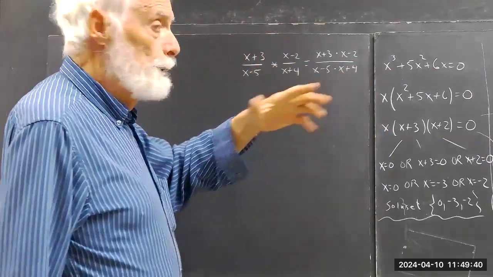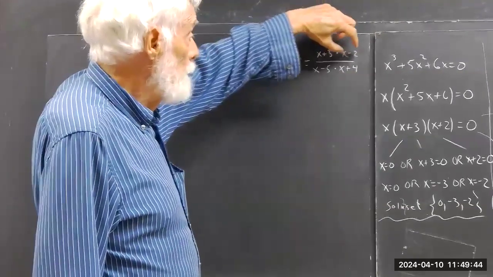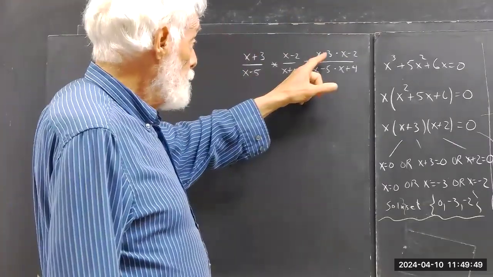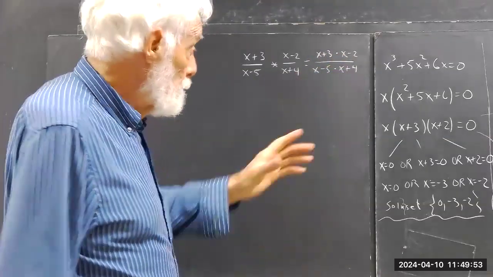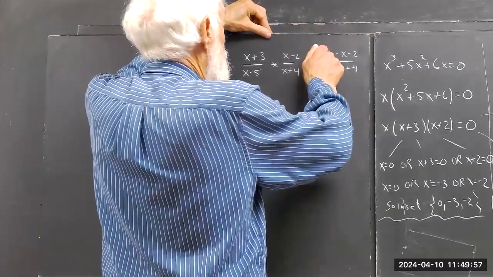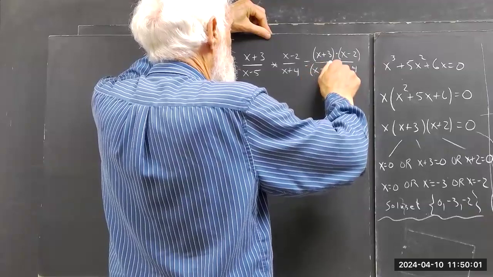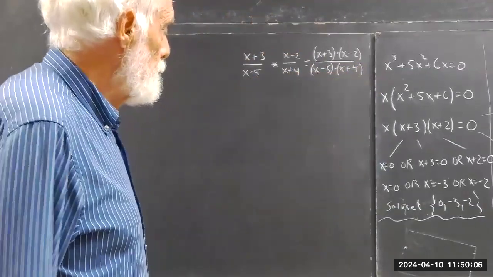You multiply the numerators and you multiply the denominators, but the x plus 3 is not multiplied by x minus 2 the way this is written. The only thing multiplied is the 3 times the x because of the order of operations. In order to multiply this numerator by this numerator, we have to have parentheses around these, in which case we don't really need the dot, although the dot's optional. So we have to write it carefully.